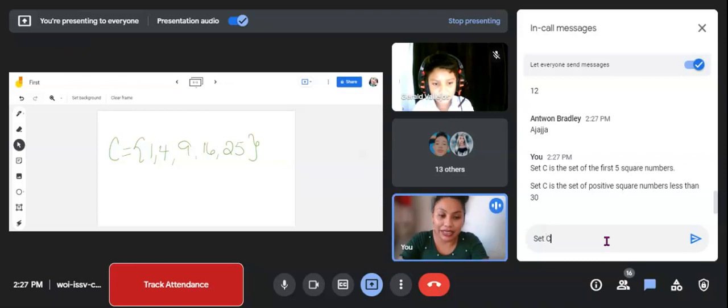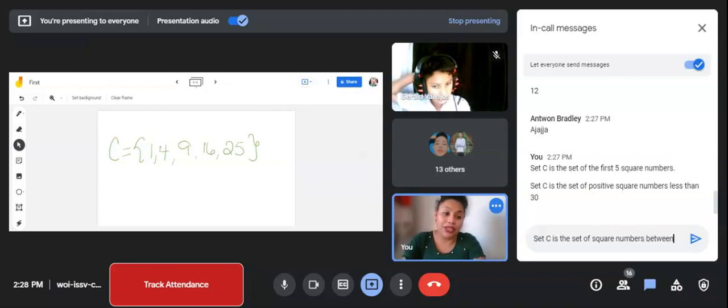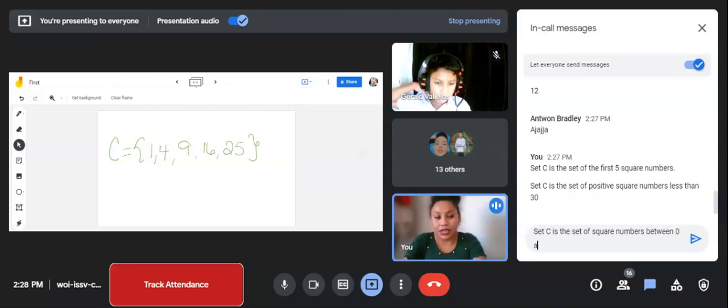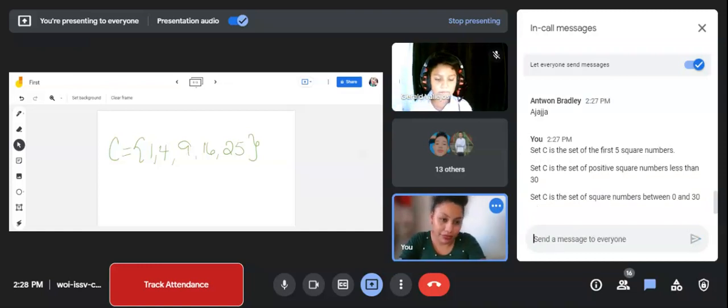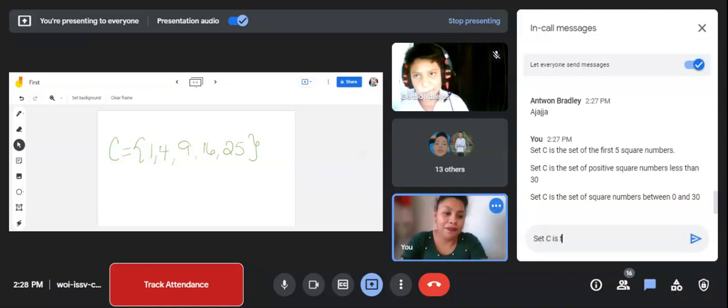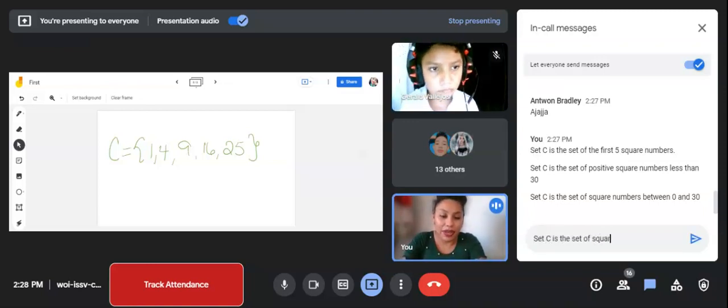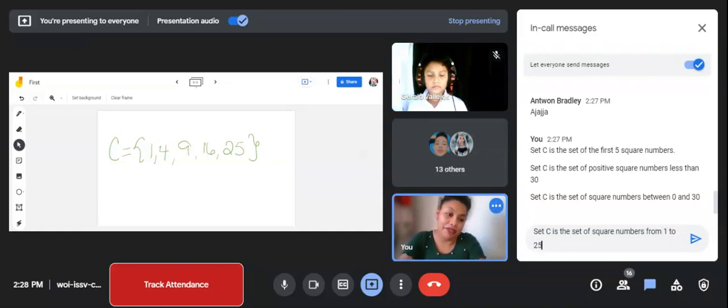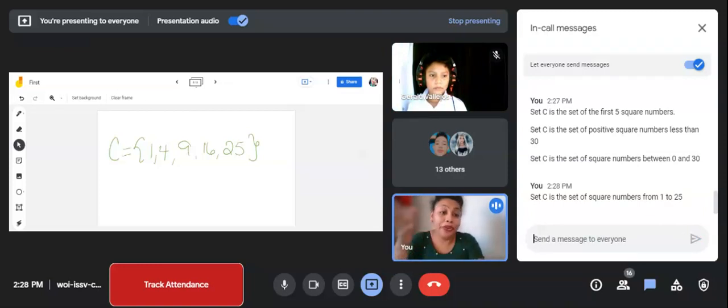I could write set C is the set of square numbers between 0 and 30, or any number, 26, 27, 28, any of those numbers could have worked. I could write set C is the set of square numbers from 1 to 25. Four different ways of saying the exact same thing, and any of those will be correct, right?